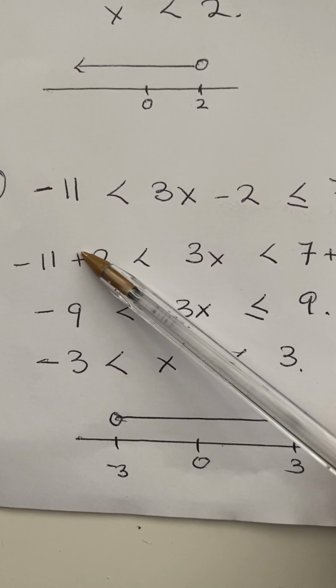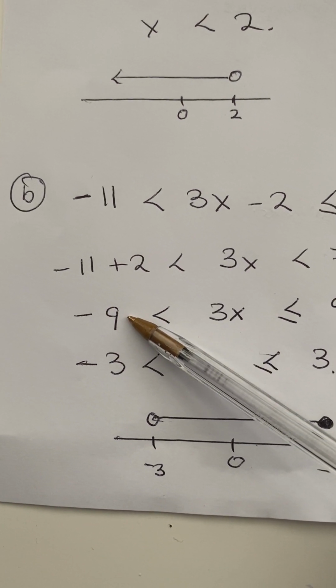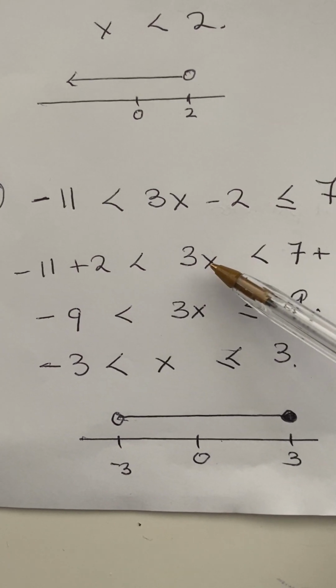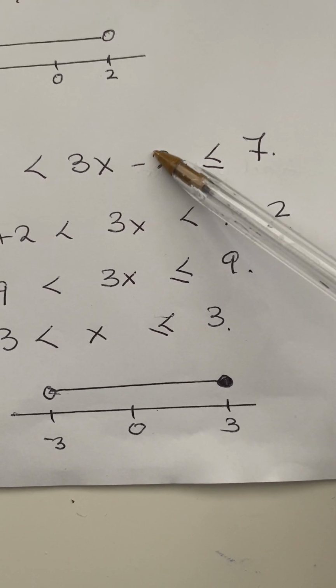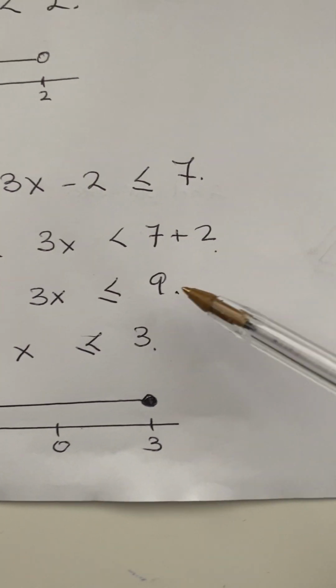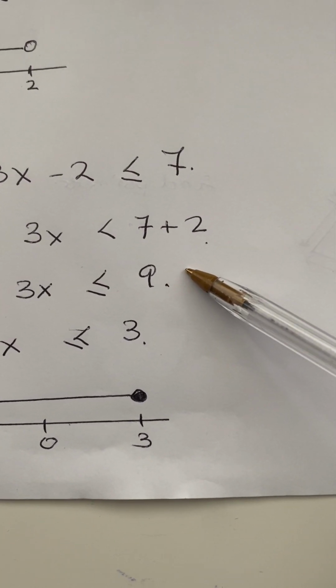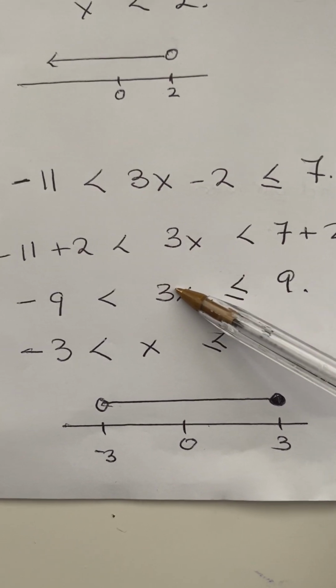If you add 2 to minus 11, you get minus 9. If you add 2 here, the minus 2 becomes 0, so you have only 3x. If you add 2 here, you have 9. So now you have 3x here.